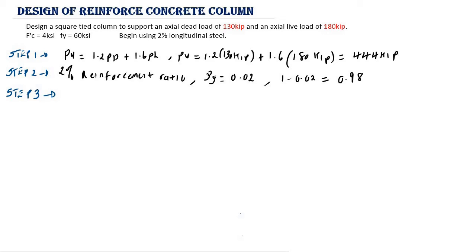If you remember in the previous video, we saw the formula for the minimum gross area, which is Ag minimum.